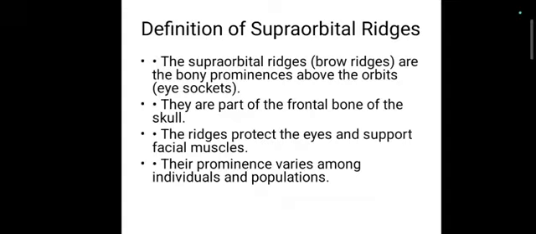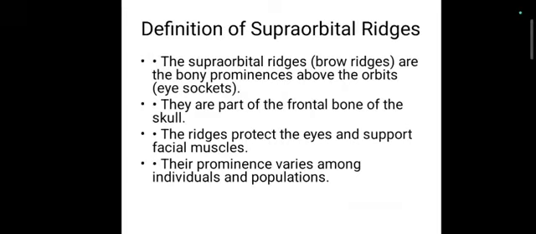The supraorbital ridges can be verified from male to female. For example, in females it is less prominent and in males it is more prominent, and in birds like eagles it is also very prominent. It is also very useful for facial reconstruction, as it acts as a key point in comparing skeletal remains to antemortem photographs.